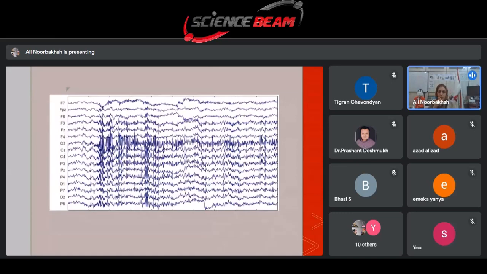Jaw muscle artifact is mainly on T3 and T4.